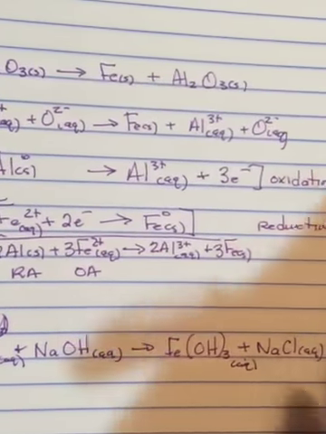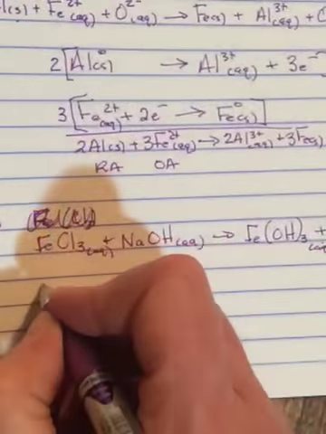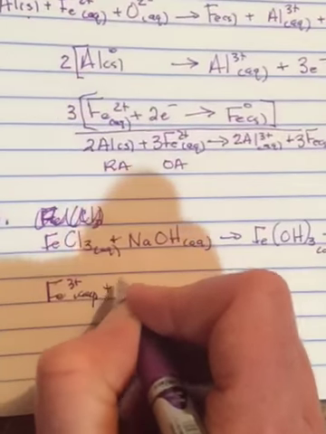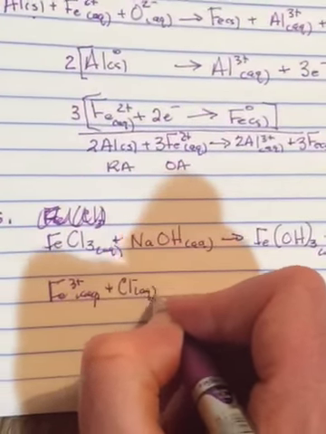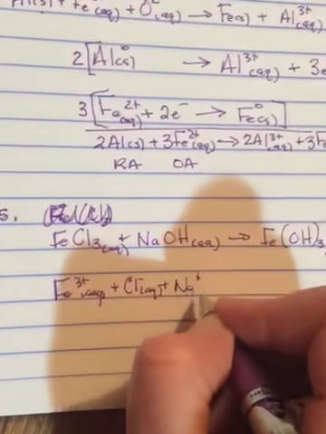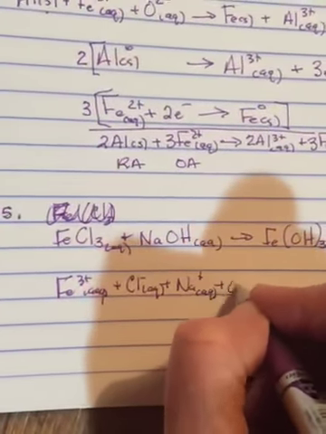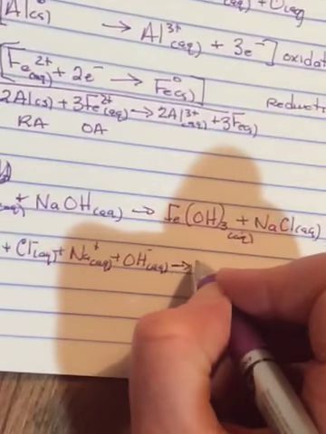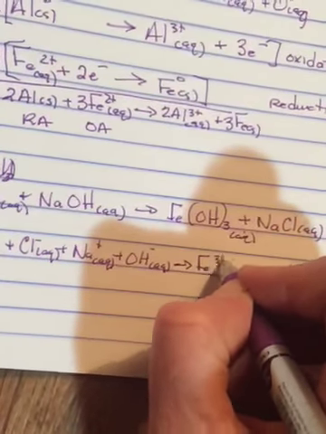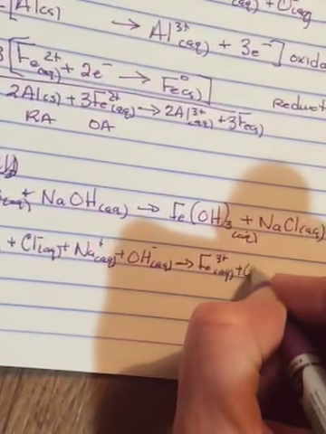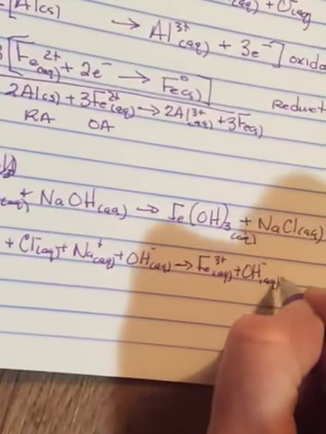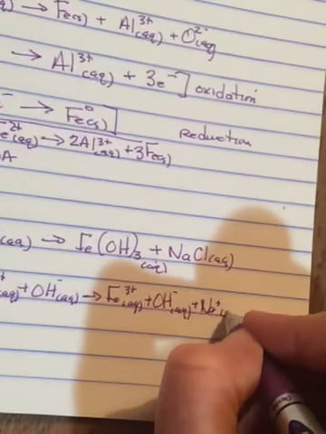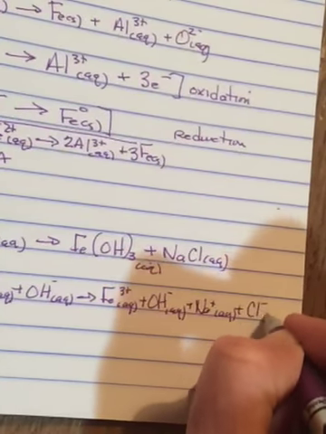So if we write these as dissociated, it will be Fe3 positive aqueous, plus Cl negative aqueous, plus Na positive aqueous, plus OH negative aqueous, and on the other side, Fe3 positive aqueous, OH negative aqueous, Na positive aqueous, and Cl negative aqueous.